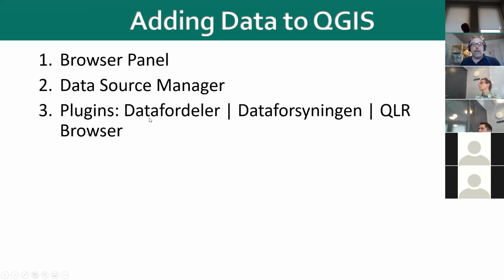You've probably used these, the Data Plugins and the QLA browser. And these are basically online portals for data. So you can choose from different data from Geodeco, etc., and bring them into QGIS.